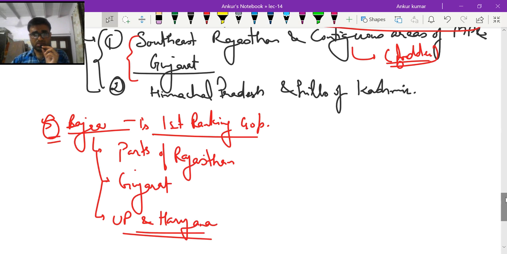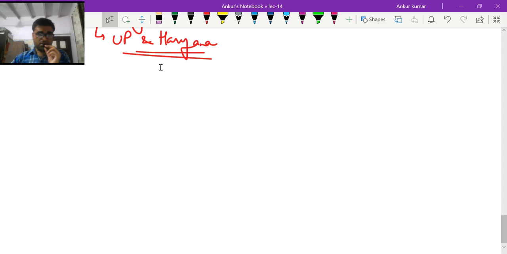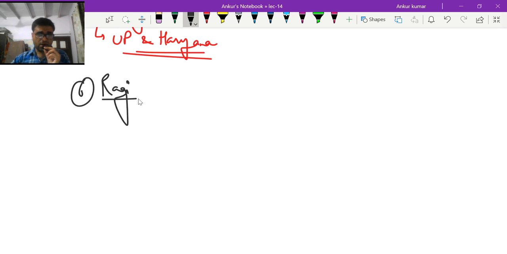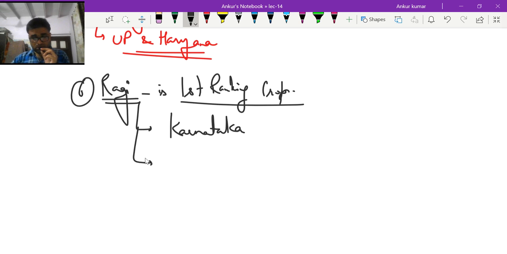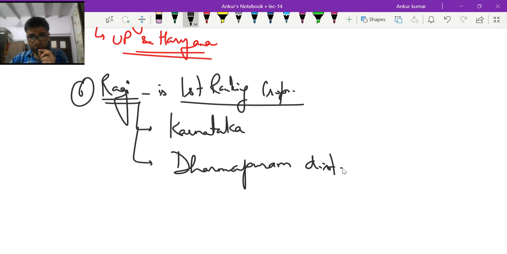So this is the fifth region. Moving on to the sixth one, that is the ragi. Where ragi is the first ranking crop. So these areas, number one is Karnataka, and the Dharmapuri district of Tamil Nadu.